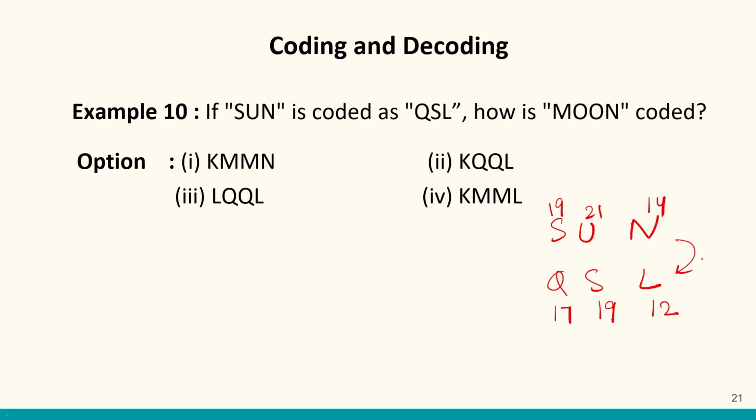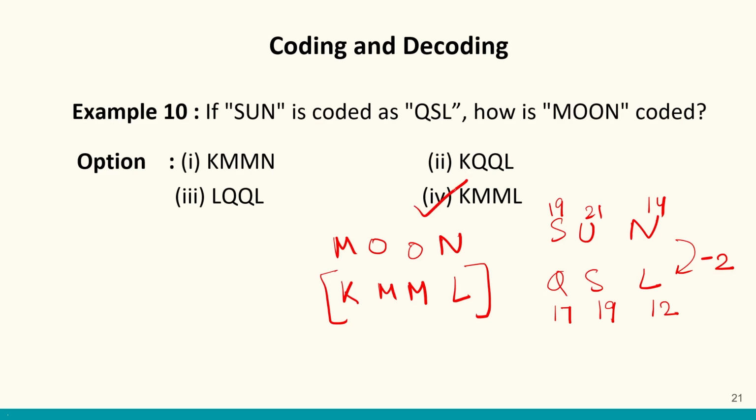So again, we are moving 2 positions backward. So for moon, we'll go 2 positions back, K. From O, if we move 2 positions back, M. And from N, if we move 2 positions back, we get L. So our answer will be KMML, which is option number 4. So option number 4 is your correct answer.